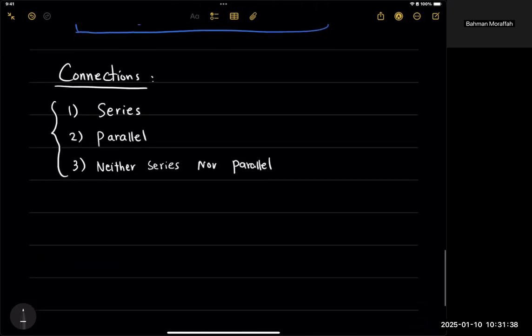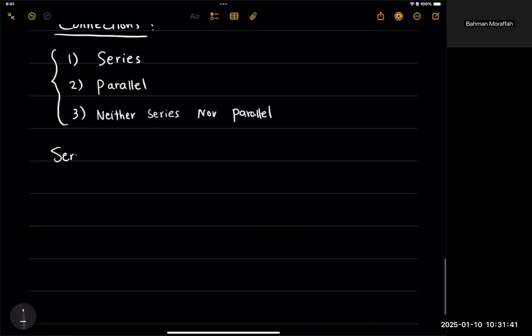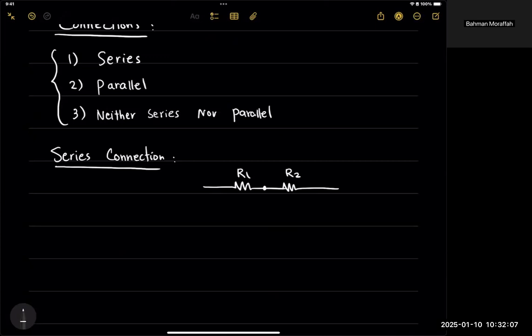So let's start off with the series connection. We say a bunch of resistors are in series if they're back to back. So we call R1 and R2 in series when they're back to back, and by that, I mean the end of one is the beginning of the other one.